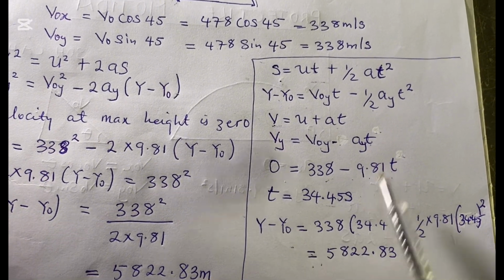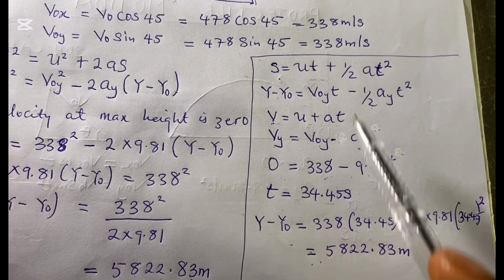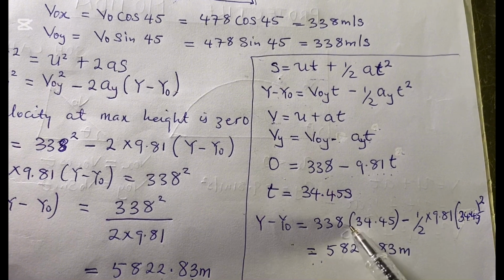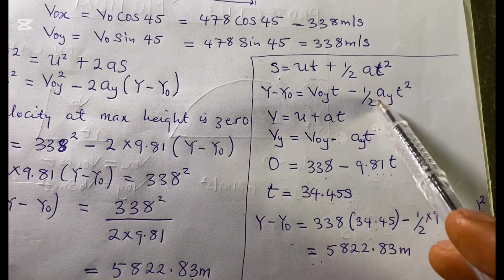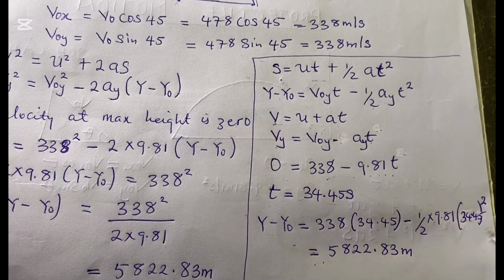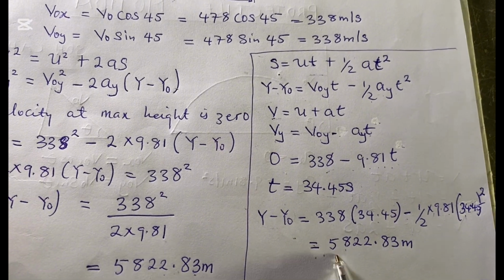Now going back to this equation, this is what we are looking for: maximum height. And v naught y is 338. Our t, time to reach the maximum height, we have found it to be this. So a_y is negative 9.81, and then the time, you square it. So you notice that the answers are the same.